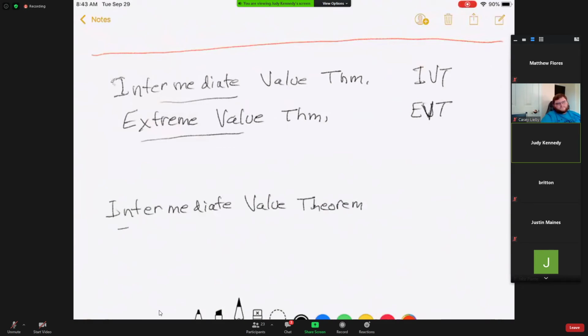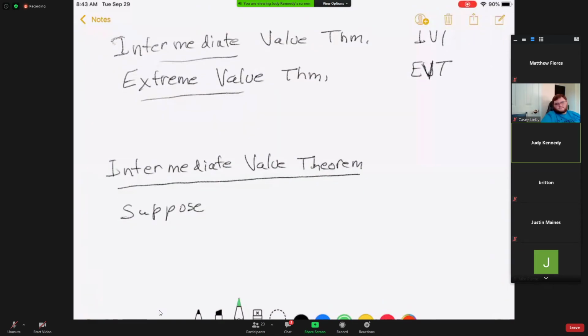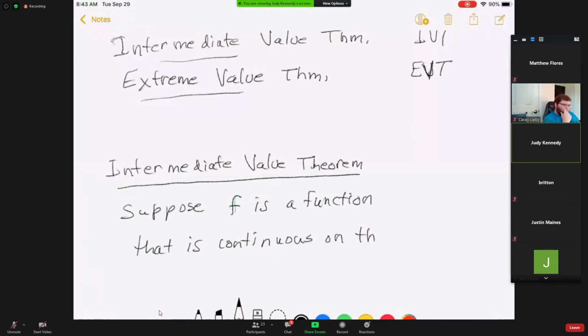THM is an abbreviation for theorem. Okay, suppose f is a function that is continuous on the closed interval AB.